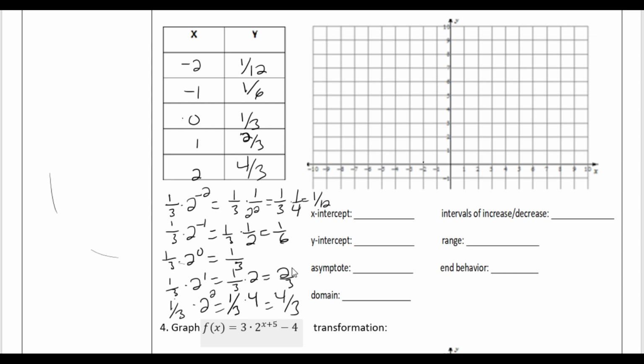This is very close to 0. This is even closer to this. I mean, this is a little bit above it. This one's a little bit above it. Then we have 1 and 2/3, which is a little bit above it. Then it's 2 and 4/3. So 4/3 is a little over 1. 1 and 1/3.